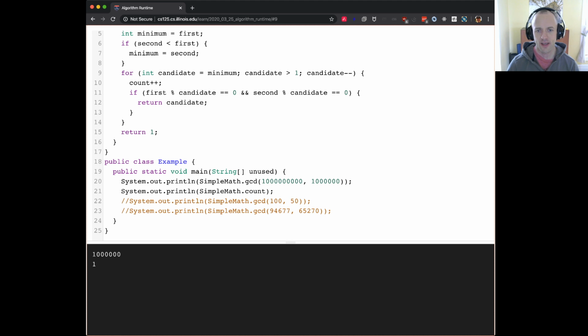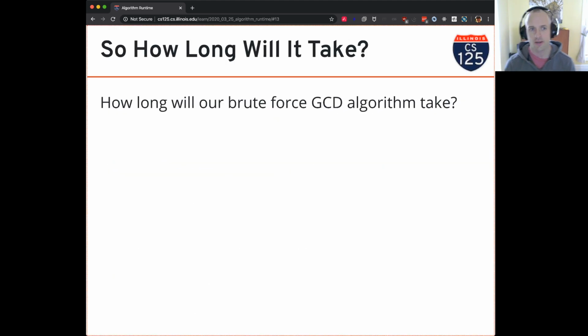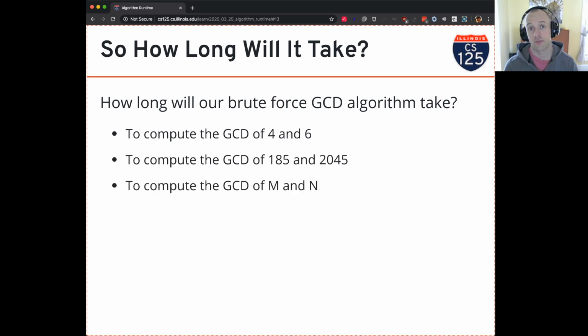So this example is illuminating some of the features that we're going to talk about when we talk about algorithm analysis in general, right? Specifically, this idea that we need to be able to talk about how long an algorithm will take without understanding much about its inputs. It also exposes the fact that sometimes the same algorithm can run really fast in certain cases and really slow in other cases.